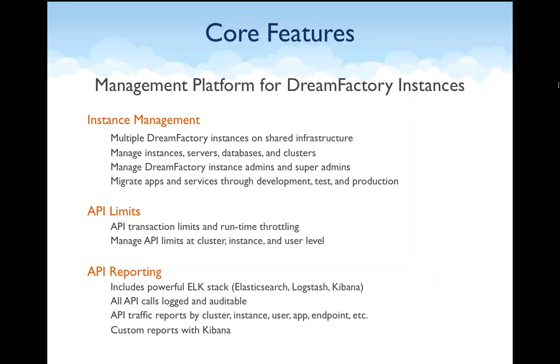You want to see the aggregate traffic and how that trends over time, as well as drill down into very granular detail, like what endpoints are being hit by which users, by which specific applications, etc. So all of this API traffic is obviously running through the runtime instance, but you want to be able to measure, audit, and understand that really well in the context of production deployments, right?